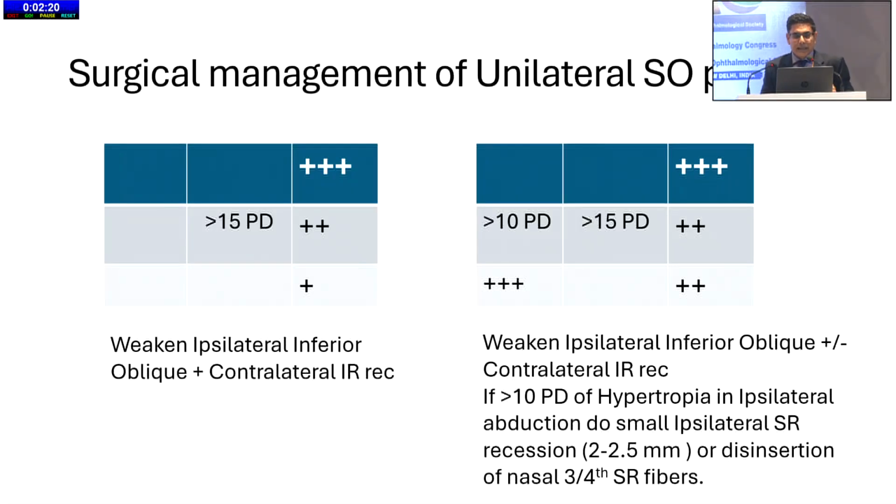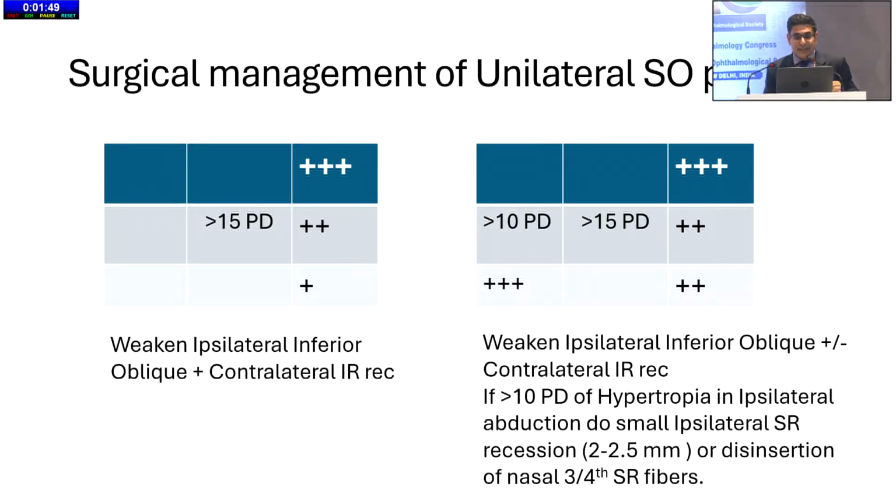The other scenario is where the hypertropia is greater than 15 prism diopters in primary gaze. If there is again increased maximum deviation in the inferior oblique gaze, you can weaken the ipsilateral inferior oblique and the contralateral inferior rectus muscle. The other scenario, like we discussed previously, is where there is some residual hypertropia in ipsilateral abduction.